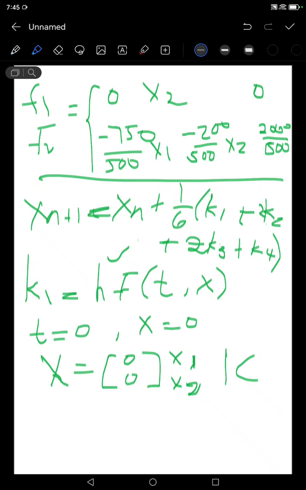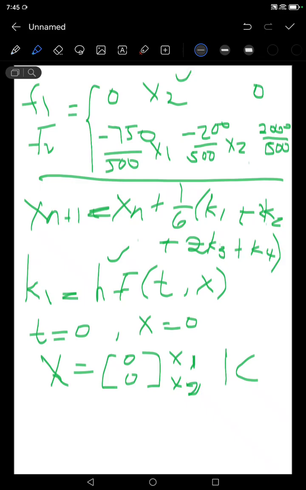Yes, 0.05. So now our k1 is going to be h multiplied by f. So f, remember on f we have this one, and then we also have this one. We have two f's.